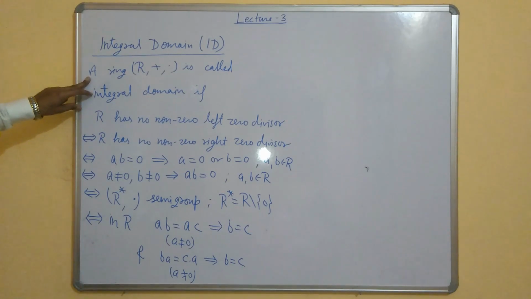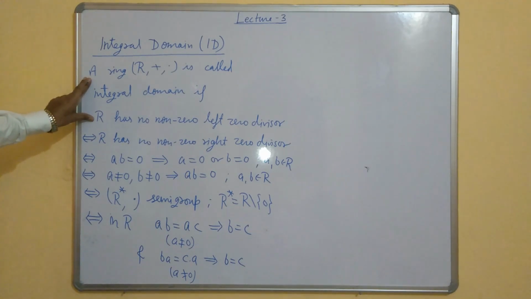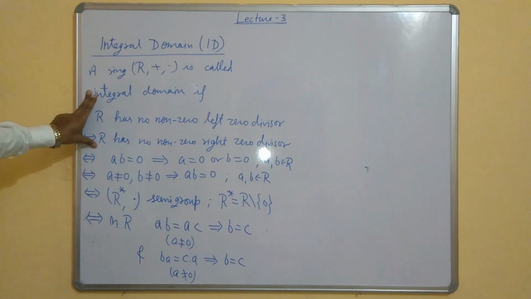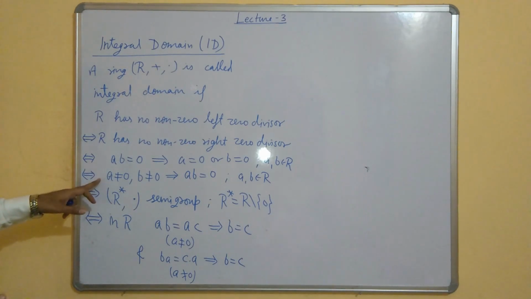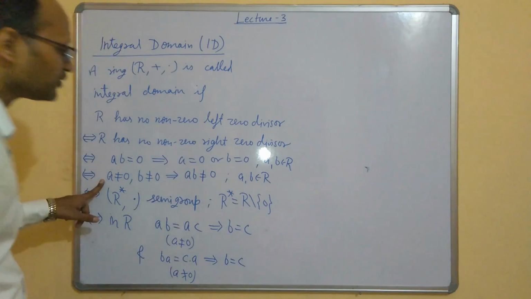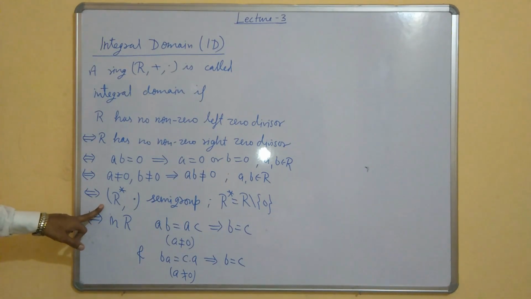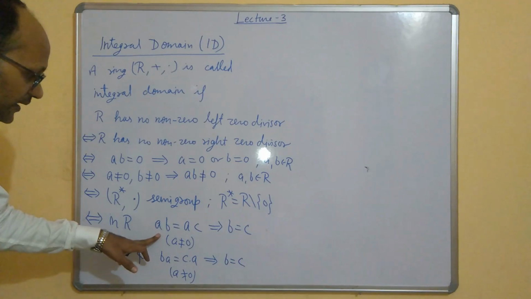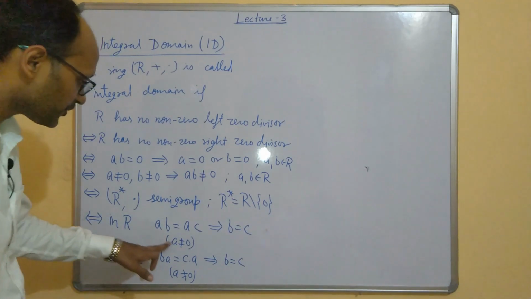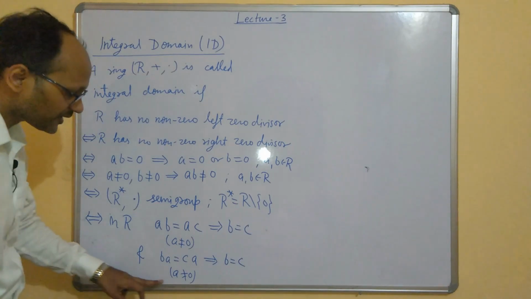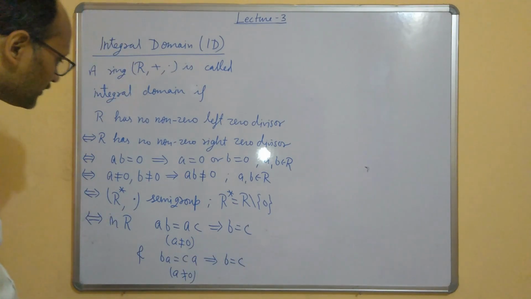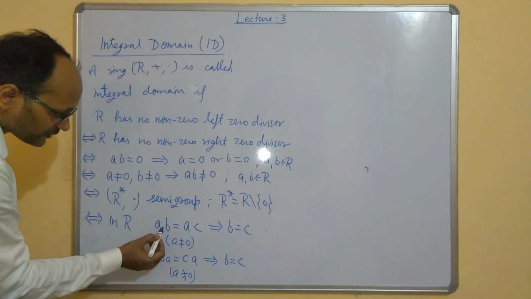So a ring R plus dot is called integral domain if R has no non-zero left zero divisor, or you may say R has no non-zero right zero divisor, or if AB is equal to 0 implies A is equal to 0 or B is equal to 0, or if A is not equal to 0, B is not equal to 0, then AB is not equal to 0, or R star dot is a semi-group, or in R, AB is equal to AC implies B is equal to C provided A is non-zero, and BA is equal to CA, where A is not equal to 0, implies B is equal to C. One thing you should note is that in between these there is an operation of multiplication.